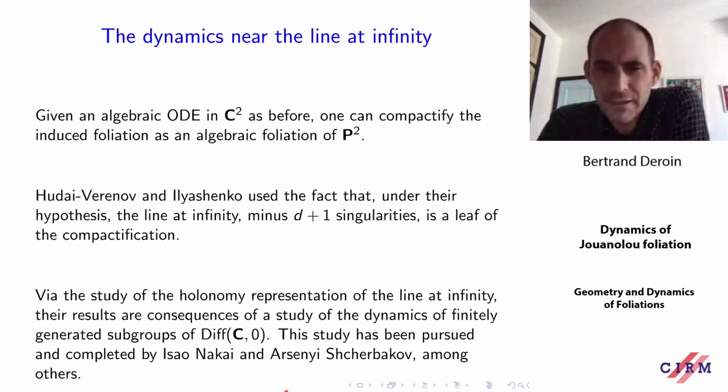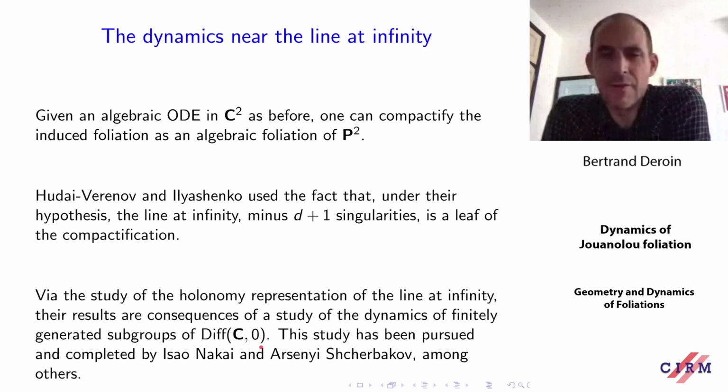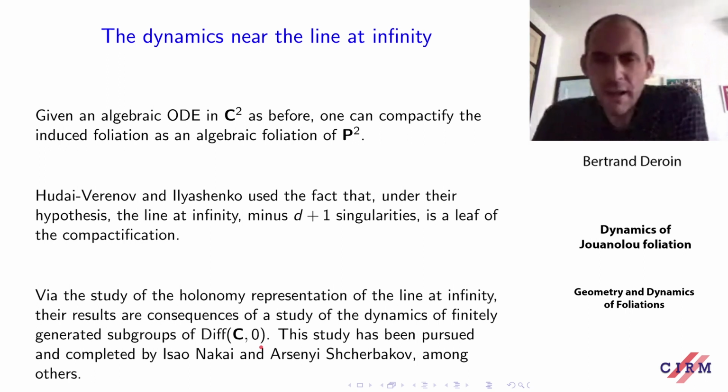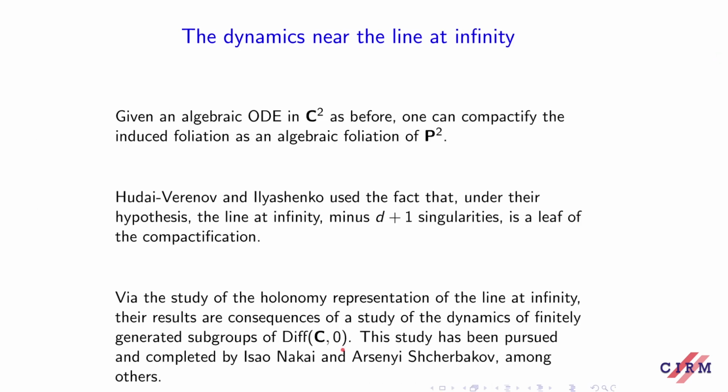In fact, their results are consequences of analogous results for subgroups of these groups of germs of diffeomorphisms fixing the origin. We now have a very good understanding of these groups acting in a neighborhood of the origin, by results of Isao Nakai and Arseny Shcherbakov.